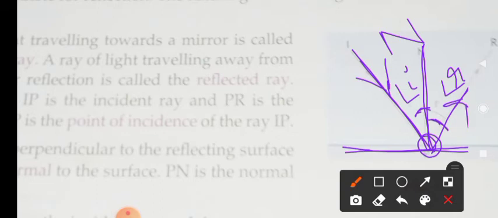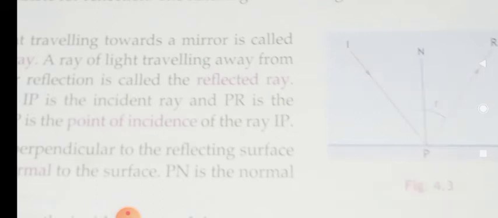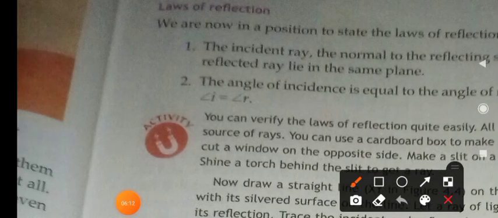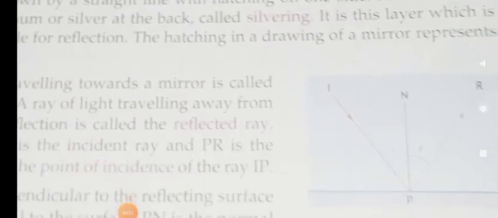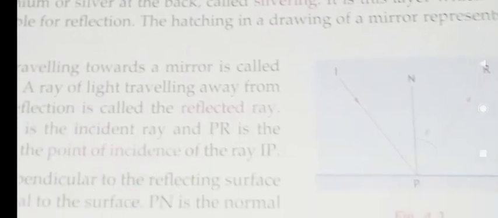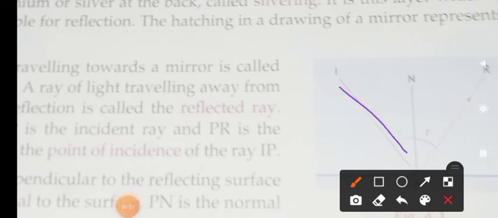So if an object undergoes reflection, it must follow some laws. What are they? It is nothing but the law of reflection. This law says that the incident ray, the reflected ray, and the normal, all three should lie on the same plane.